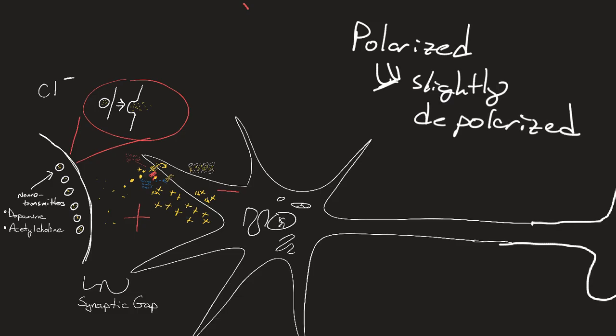What do I mean by that? I mean that some of the positive charges go to the other side. This side becomes less negative. This side becomes less positive. You start to lose some of the charge in your battery.